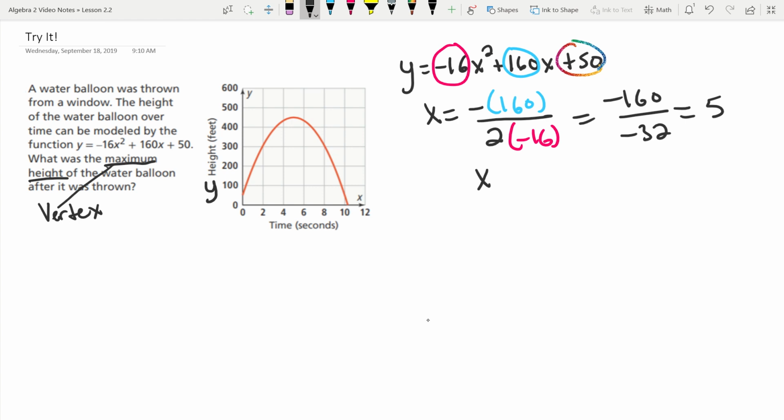So x equals 5. So we got our x coordinate. So x is in seconds. But we don't want the time, right? We want the maximum height. So we need to find the y coordinate.